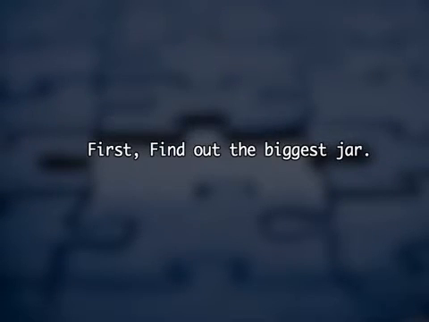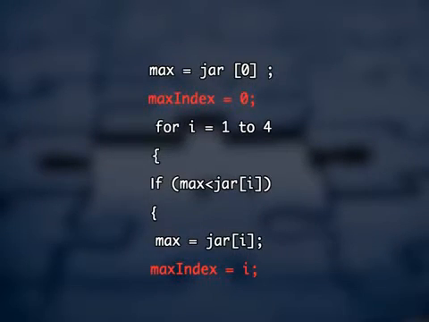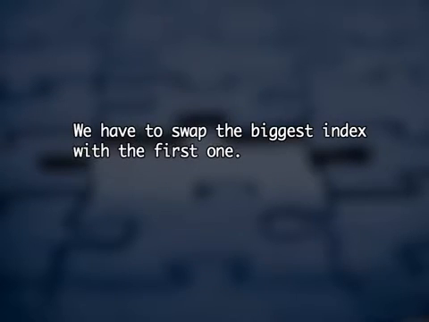So let's code. First, find out the biggest jar. I'm going to copy the code here that we have learned in the previous segment with a little modification in the code because we need to know the location, the index, of the element of the array. So the code will be like this. Secondly, we have to swap the biggest index with the first one.